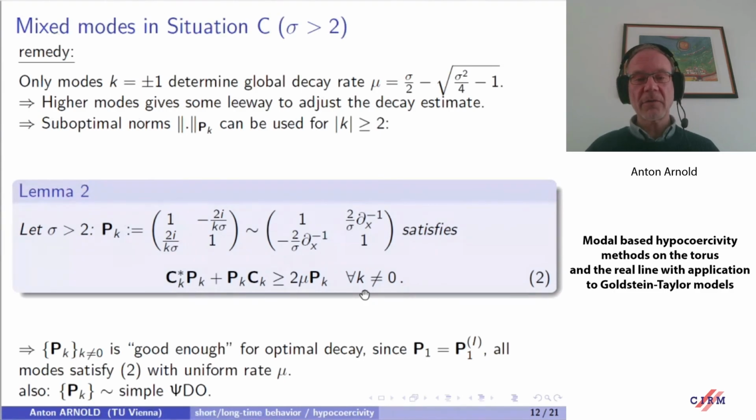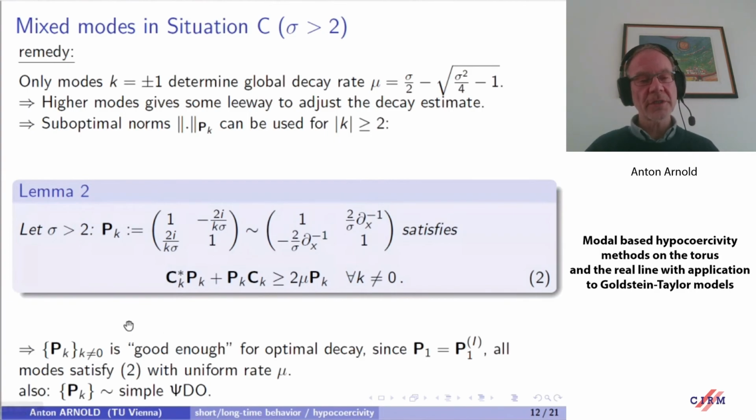The important aspect is that this family of Lyapunov matrix inequalities is uniform with respect to this mu, which is the sharp global decay rate. And the advantage over what we have derived before is, here I have one shape of a matrix P_k that can be easily translated into just one pseudo-differential operator that will take care of all the modes.